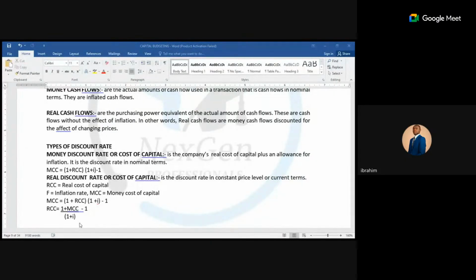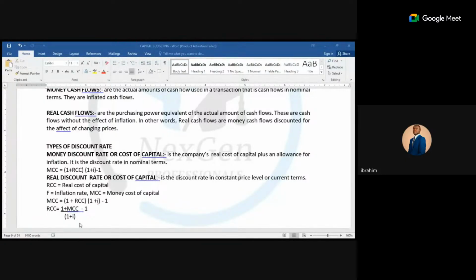They will tell you that the cash flow are all in real term, then they will not give you money cost of capital. And you should know that if all cash flow are in real term, definitely what you should use to discount the project should be real cost of capital.